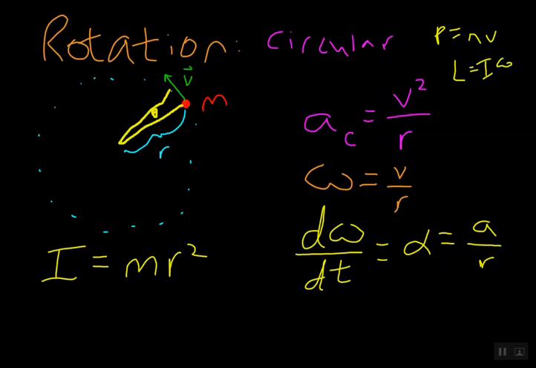So we're going to have L, which is equal to I omega, which is equal to r mv, which is then equal to r times p.